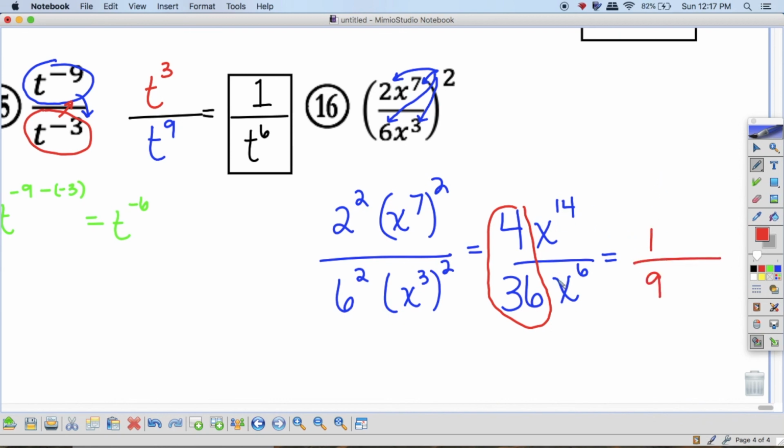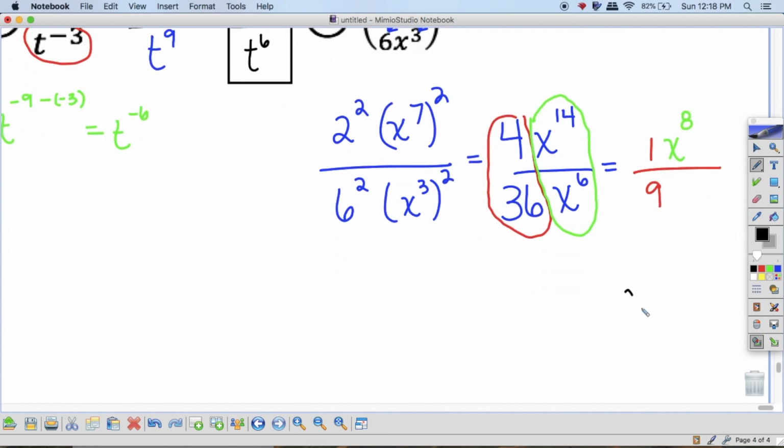And then 14 subtract 6. If I'm dividing with the same base, 14 subtract 6, that gives me x to the 8th, because there's 8 more x's being multiplied on the top than on the bottom. So as my final answer, I would write it as x to the 8th over 9.